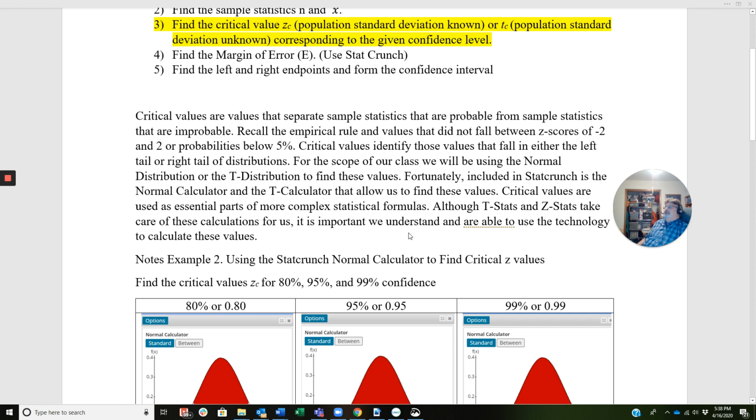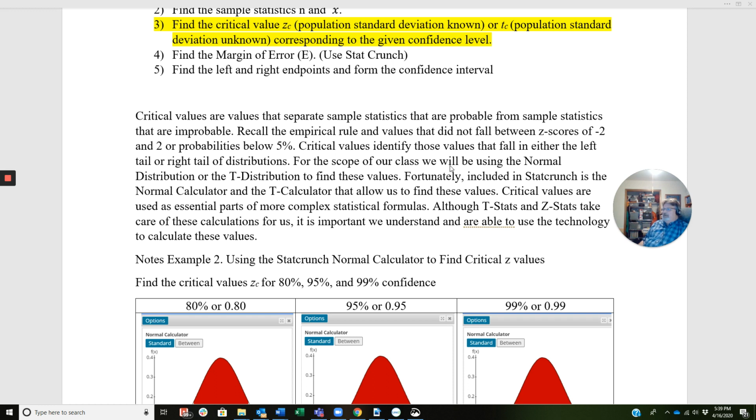So critical values are values that separate sample statistics that are probable from sample statistics that are improbable. Recall the empirical rule and values that did not fall between the scores of -2 and 2, or probabilities below 5%. Critical values identify those values that fall in either the left tail or the right tail of distributions.